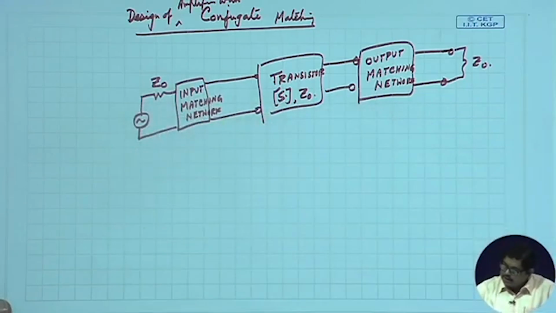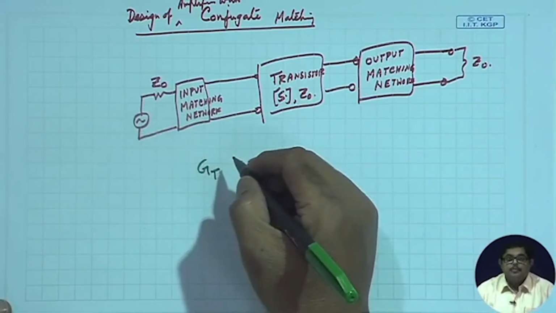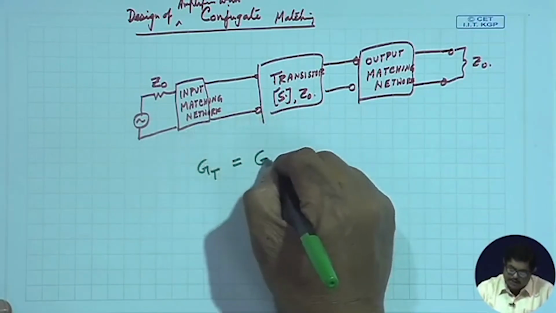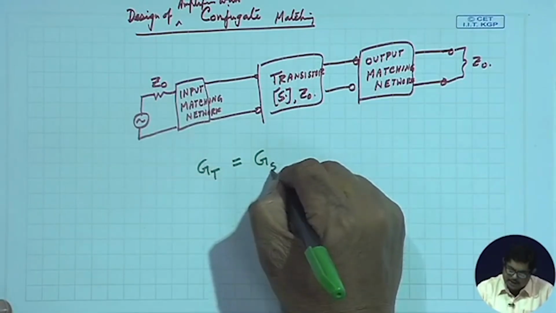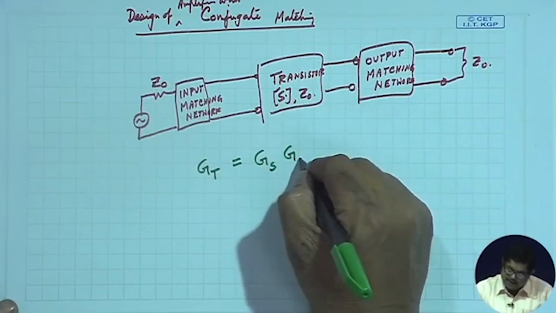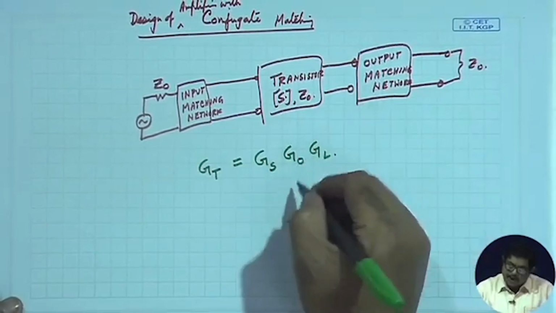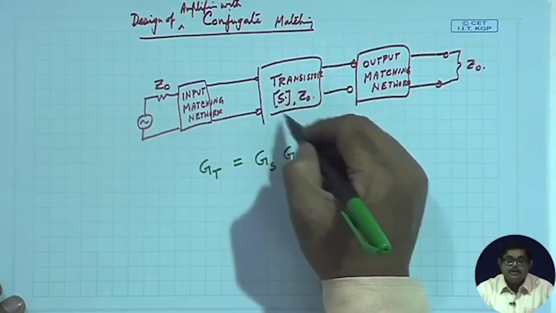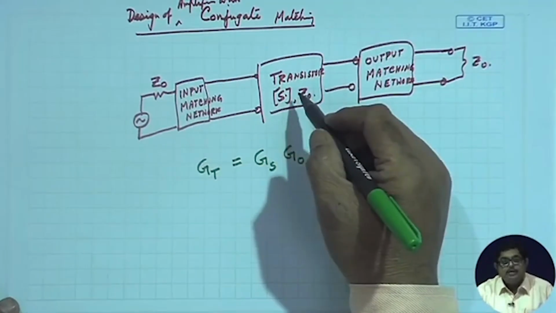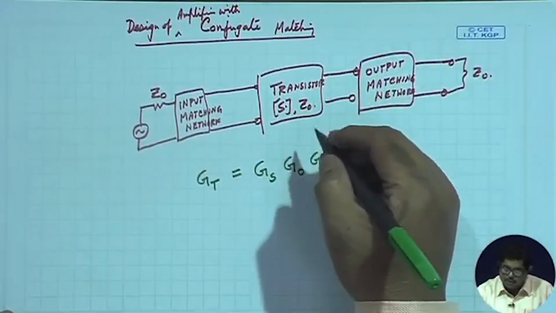And that day we also saw the transducer power gain, which comprises of these: generally we call this ZS, then the transistor side that we call Z0, and this is ZL. This Z0 is typically not in our hand, because the transistor manufacturer has made the transistor, and that transistor is giving me some S21 values.